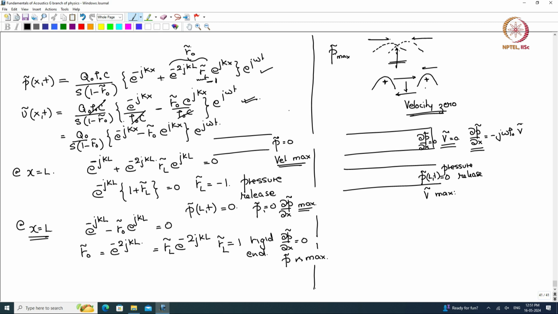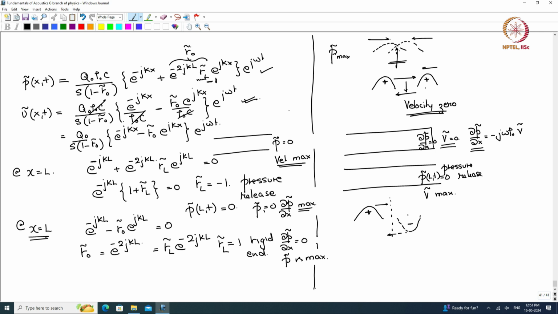And how does a pressure of 0 happen? I have an incident pressure, let us say, that is compressive. In order to cancel this pressure, I must have a rarefied wave. If I am going to cancel somewhere, this must interfere with a rarefied, negative pressure wave.